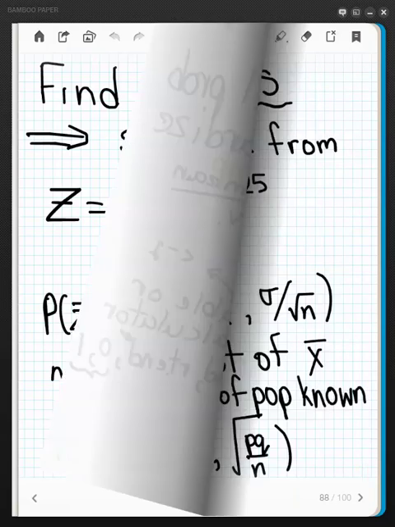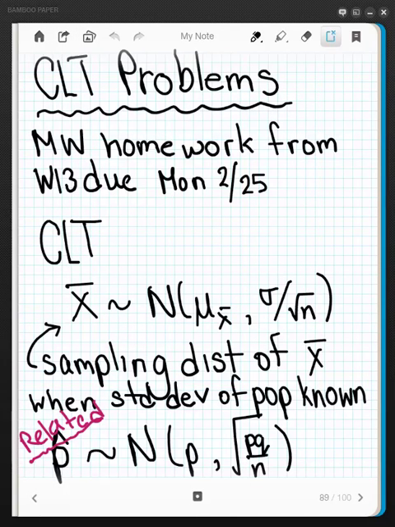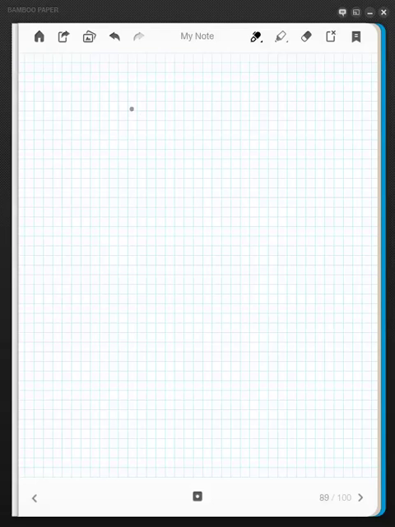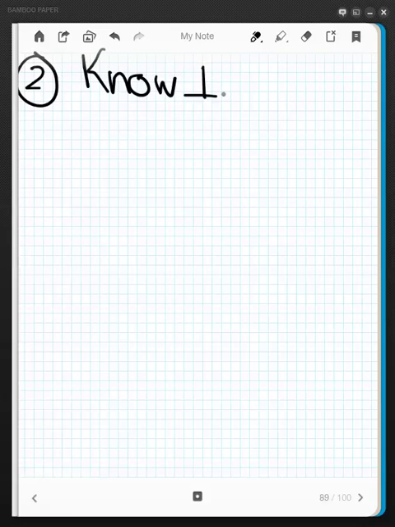Now the second thing that we're going to test. No, it's not central limit theorem. Let me erase this. The second thing that I want to test is inverse normals. You need to know the inverse normal distribution, and you need to know the inverse t distribution. So inverse distributions.